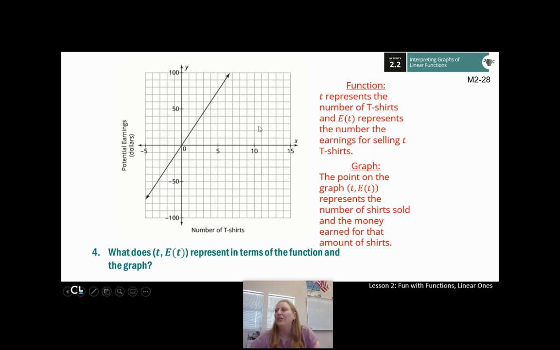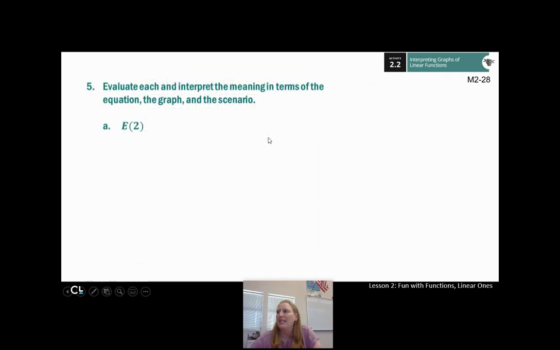I would like you to do question number 5. You have a couple of these. I want you to evaluate each of these and interpret the meaning in terms of the equation, the graph, the scenario, all that good stuff. So go ahead and hit pause to work this out and give a little explanation, and then hit play when you're ready to check your work.